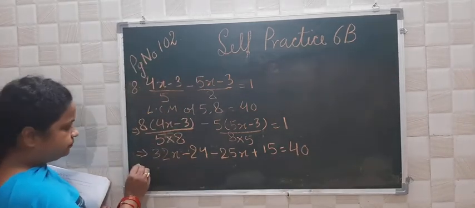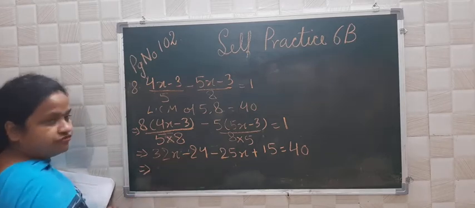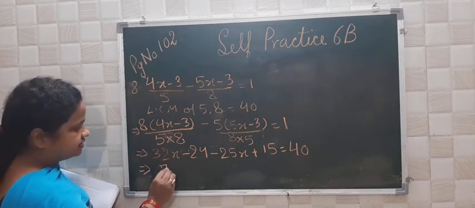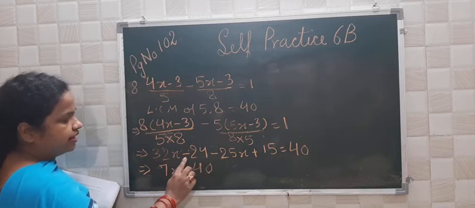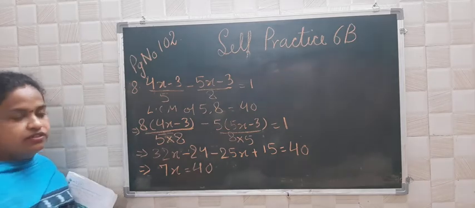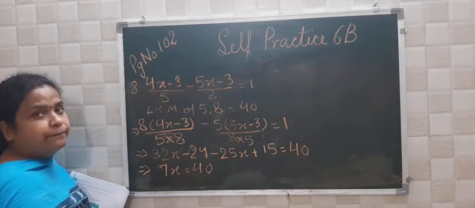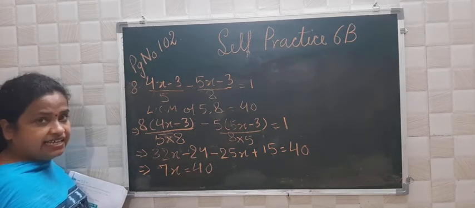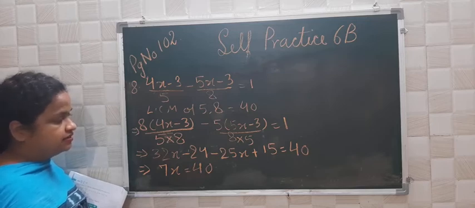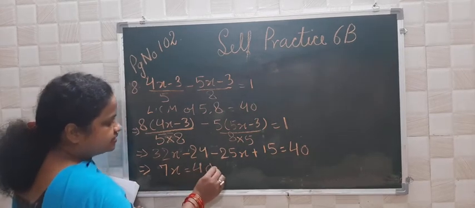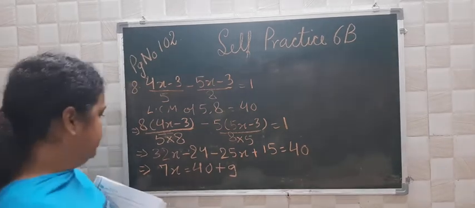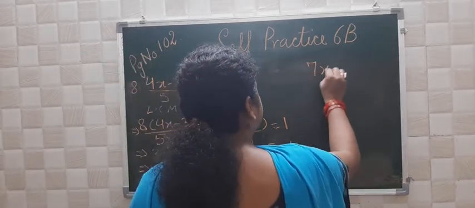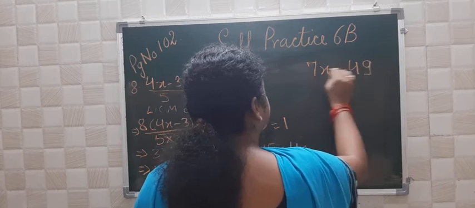Now 32x minus 25x, so 7x is equal to 40 minus 24 plus 15. So minus 24 plus 15 means... sorry, no, 15 minus 24 is minus 9. So minus 9, when it goes to the other side, it will become plus 9. Okay. Now you will have 7x is equal to 49.